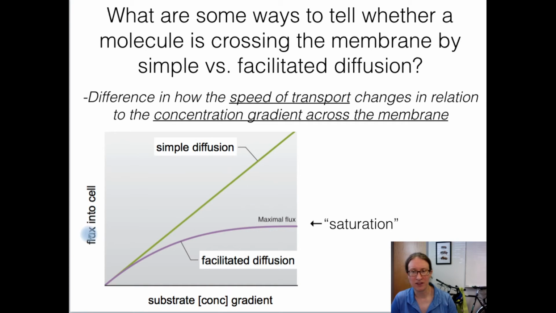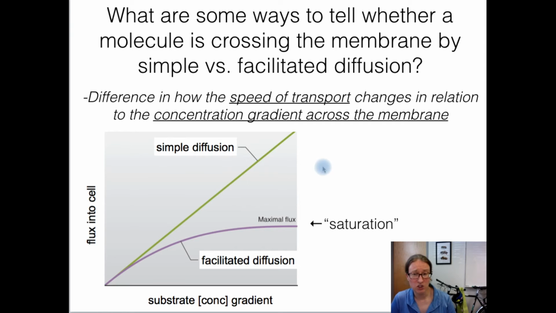So if something is moving by simple diffusion, then the rate at which it will cross the membrane is always going to be directly proportional to the concentration gradient. So here, as the concentration gradient increases, the flux also increases linearly, right? Whatever that concentration is, there's always an increase in flux as that gradient increases.